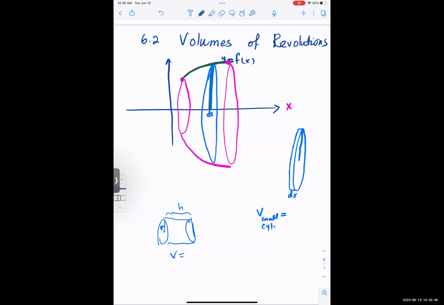You're talking about a cylinder. Do you remember always, volumes, area of the base times height? Exactly. So area of the base, pi r squared, times height. That's the general formula for the volume of a cylinder. Agreed?